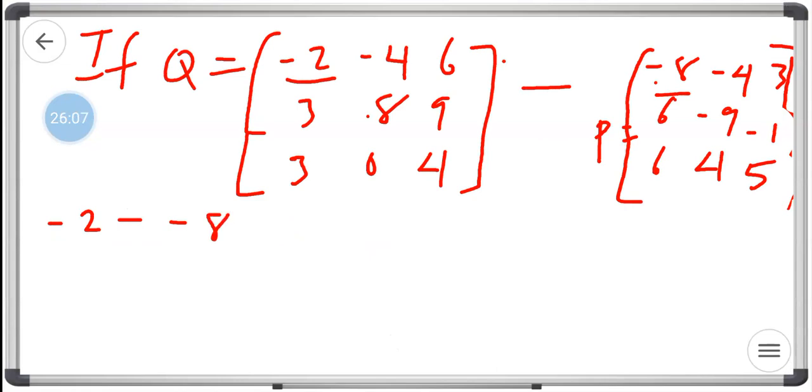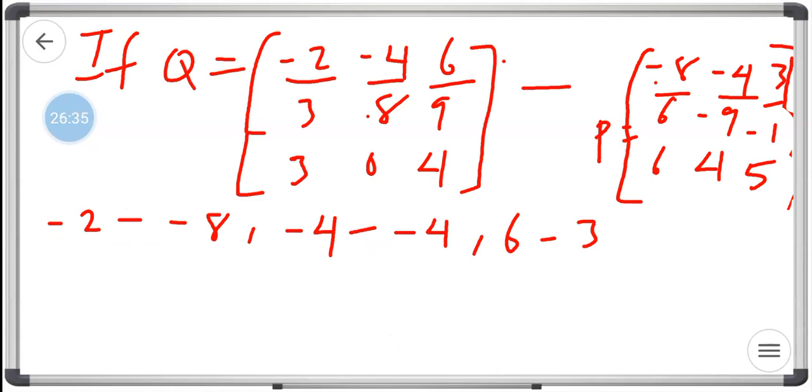So we have minus 2 minus minus 8. Now the next one, A12, that's minus 4, minus A12 here, that is minus 4. So we have minus 4 minus minus 4. Now A13, that is 6 minus 3. We are through with that row.